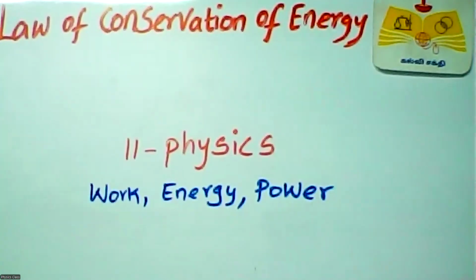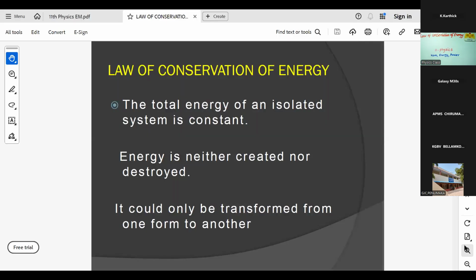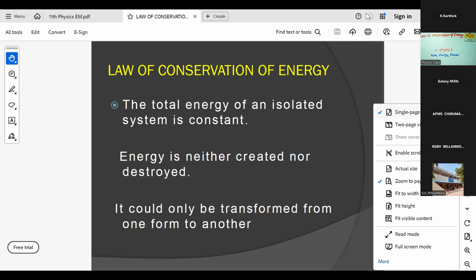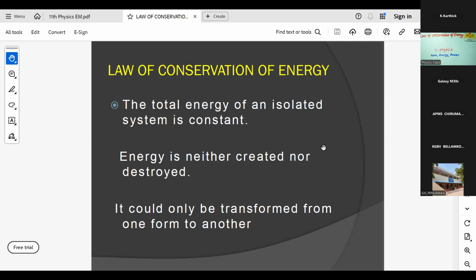I will share. So this is the definition for the law of conservation of energy. The total energy of an isolated system is constant.